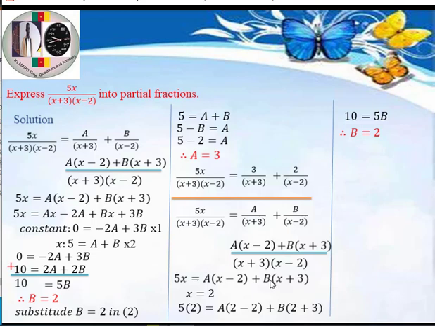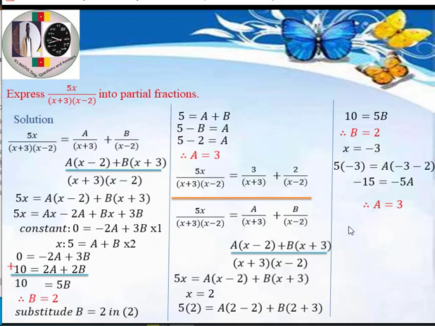So for x equals minus 3, we are going to have 5 into minus 3 equals a into minus 3 minus 2, and minus 3 plus 3 is 0, so 0 times b is gone. Needless to put it there. So 5 times minus 3 is minus 15, and minus 3 minus 2 is minus 5. So if we divide all through by minus 5, we are going to have a equals 3, and those are the same values we had for the first method.